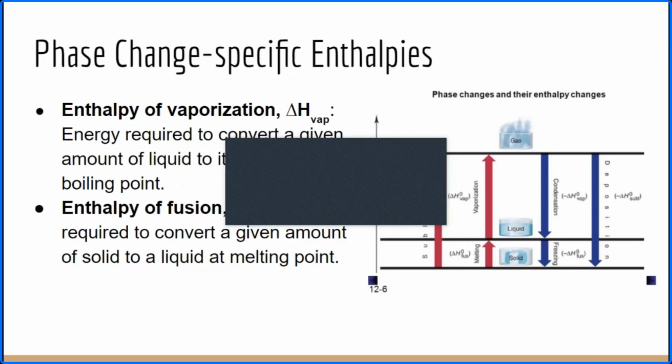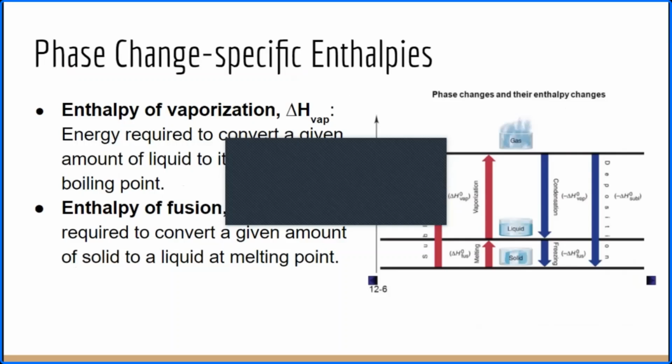But here we're going to see that each phase change actually has a specific enthalpy value. We have the enthalpy of vaporization, or delta H vaporization, and that is specific to liquid to vapor, or vice versa.